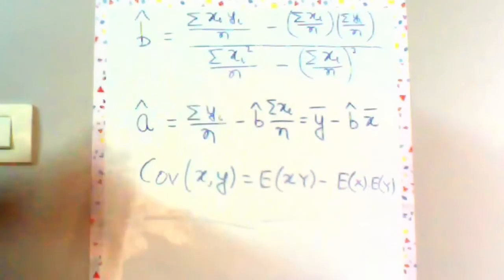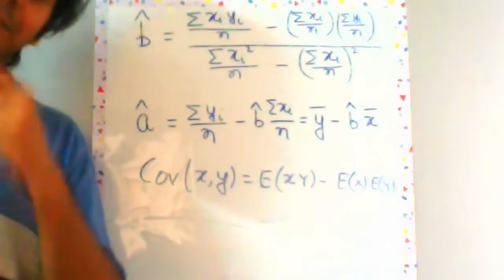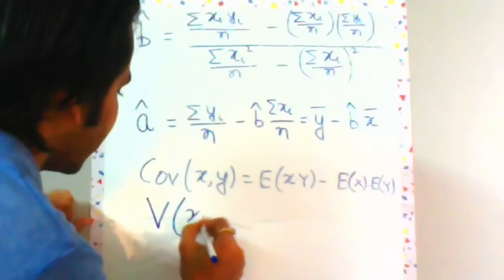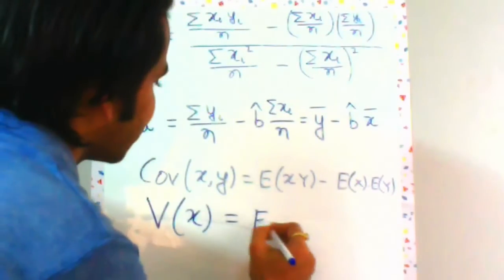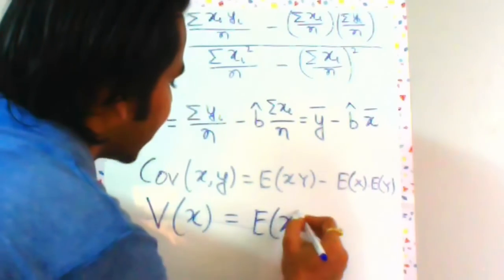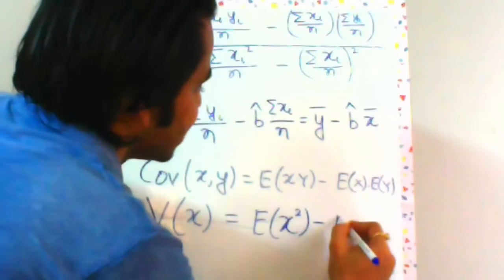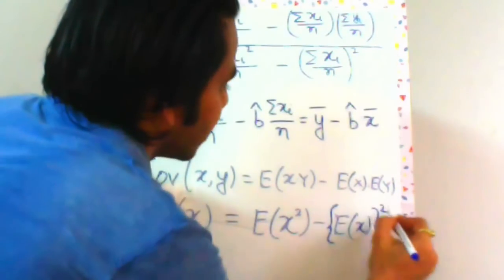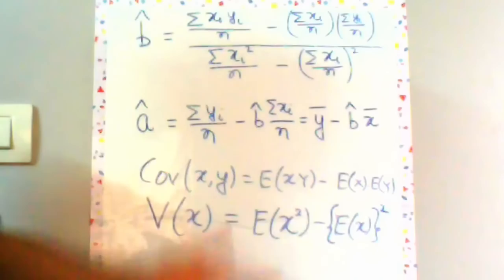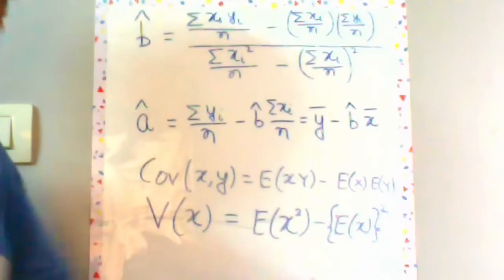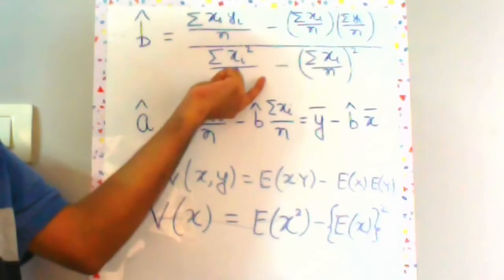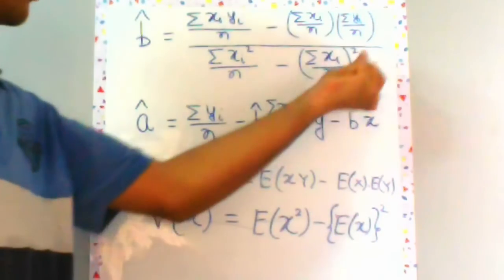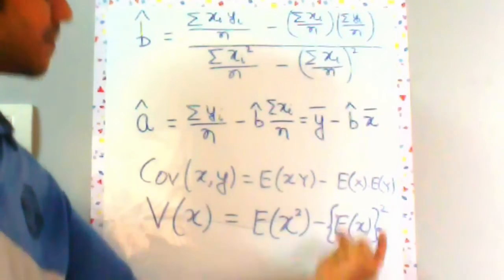And if you look at the denominator, I'll give you again a bit of recall on statistics. Variance of x is equal to expected value of x square minus expected value of x whole square. And it goes without saying that this is equal to this, because this is the average value of x square or expected value of x square, and this is the square of the expected value of x.